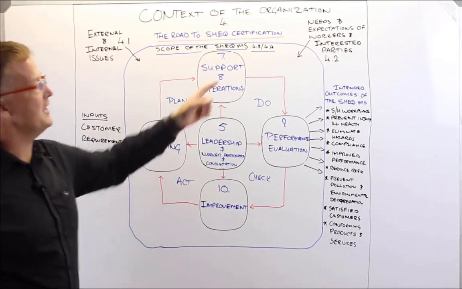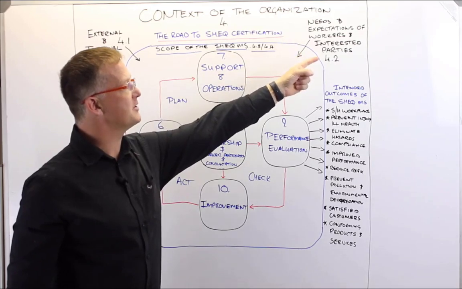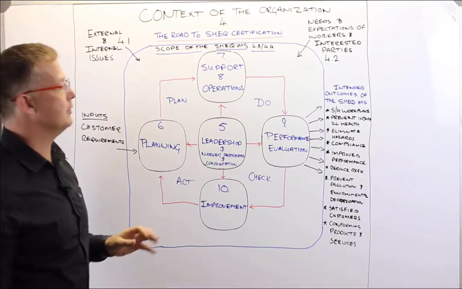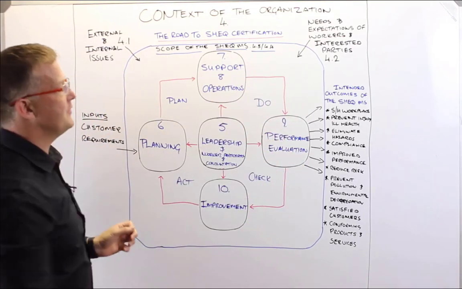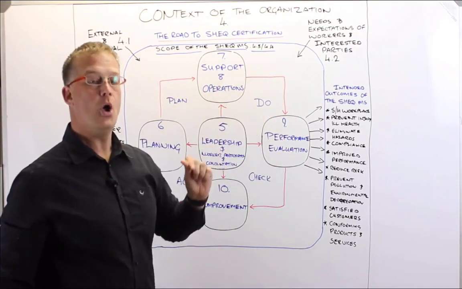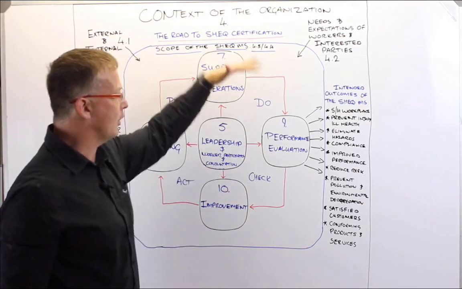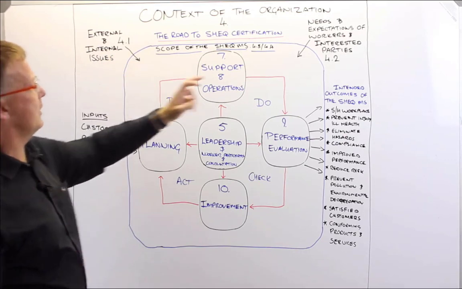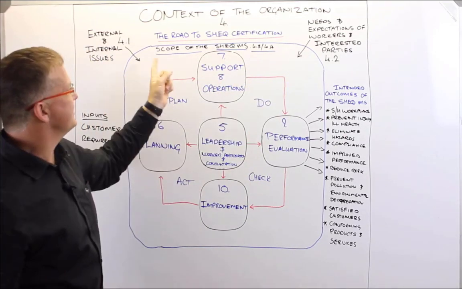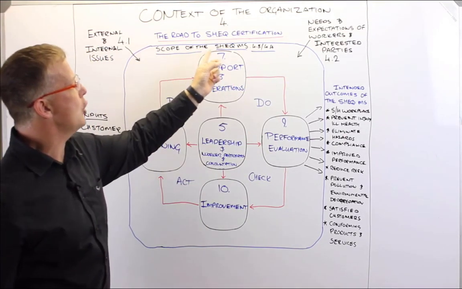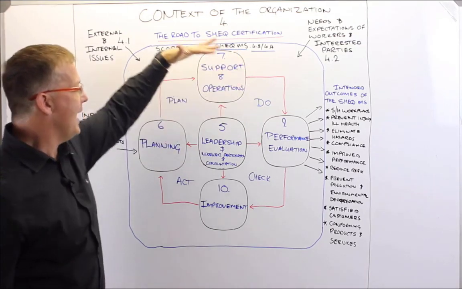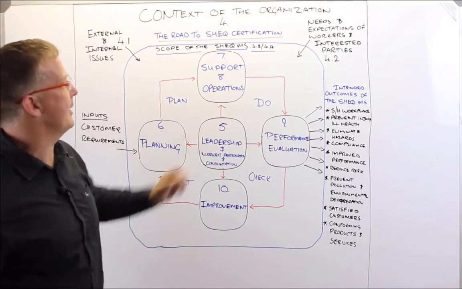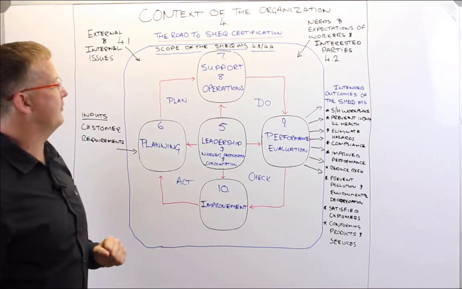We also need to identify the needs and expectations of workers and interested parties under Clause 4.2. So we need to identify all of those various different issues, and we need to determine whether those issues are going to become requirements within the system. So once we've completed 4.1 and 4.2, that aids us in determining the scope of the SHEQ management system and then determining the helicopter view of the SHEQ management system, which is under 4.4.